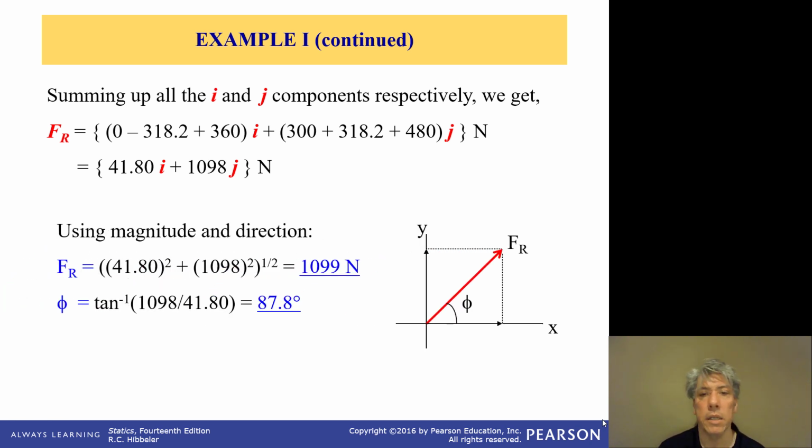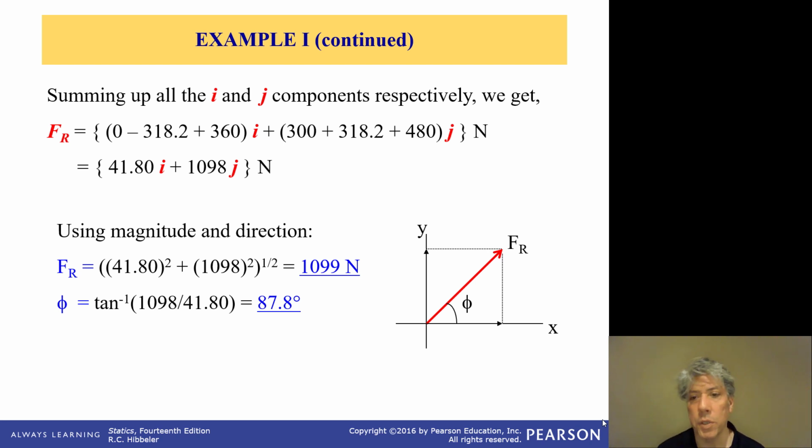After that, we'll calculate the resultant magnitude by simply using Pythagorean's theorem, square root of the sum of the squares of the two components, 41.8 and 1,098. And then to find the angle, simply take the inverse tangent of the vertical component, which is the j component, 1,098, divided by the horizontal component, 41.8. And there it is. It's 87.8 degrees.